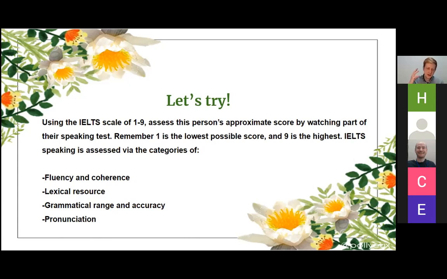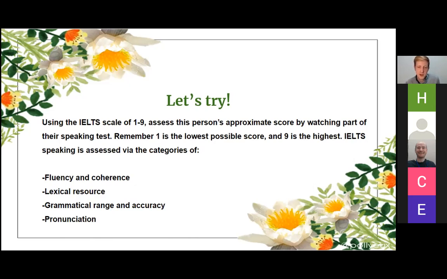As I said, we have to distinguish native speaker from a level 9, because you might have a native speaker who just doesn't talk much during the test. They shouldn't get a 9 automatically because they sound okay, you have to prove your ability. And of course, everything in the middle, right?